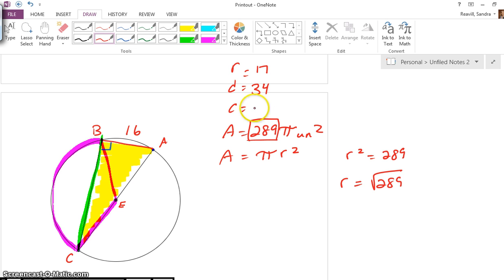D must be 34. Circumference must be 34 pi. So we have a value for AC, the diameter of the circle, and we can use that value to help find BC.